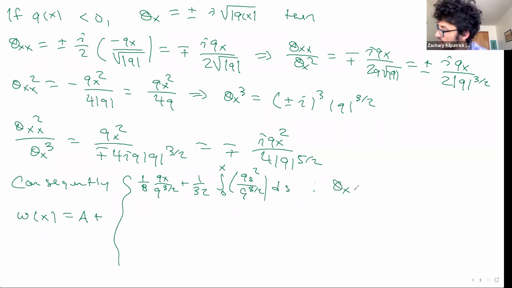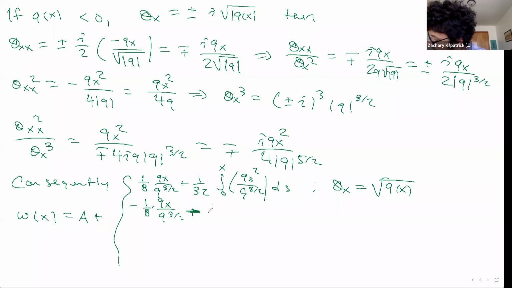And this is whenever theta x is equal to the square root of qx, or in other words, when qx is positive and you take the positive part of that square root. Alternatively, you could have minus an eighth q sub x over q to the 3 halves.